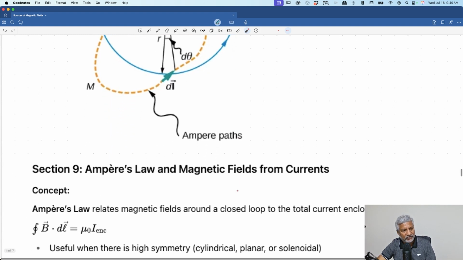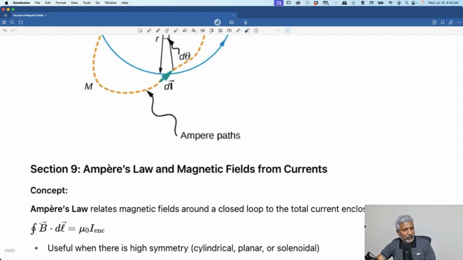Ampere's law states that the closed line integral, you see that closed line integral, because you have line integral, surface integral, and volume integral. In this case, you're integrating over a path, over a line, and it's a closed path, so that's why this symbol, it's a closed line integral of the dot product of B and dl.